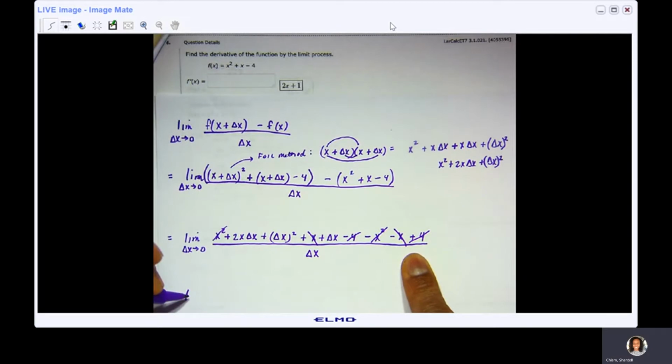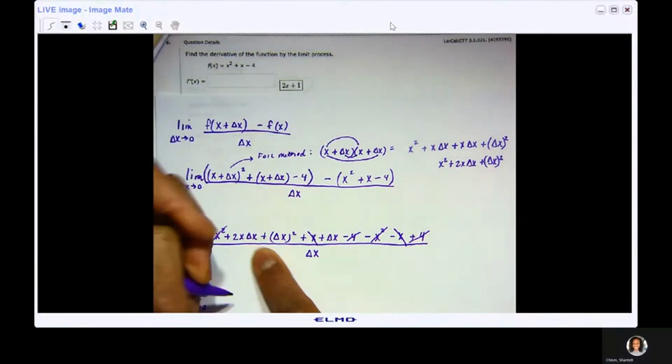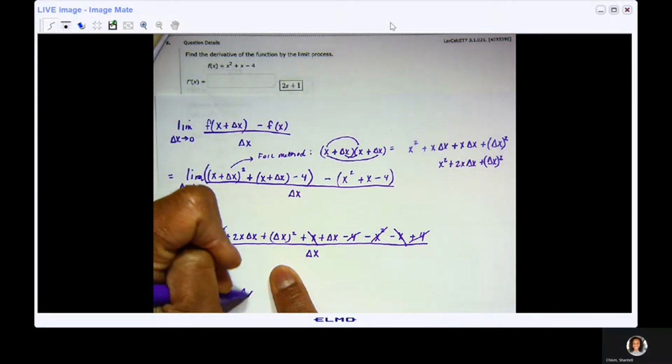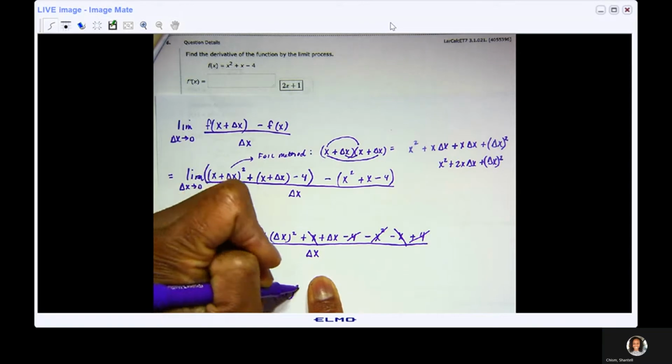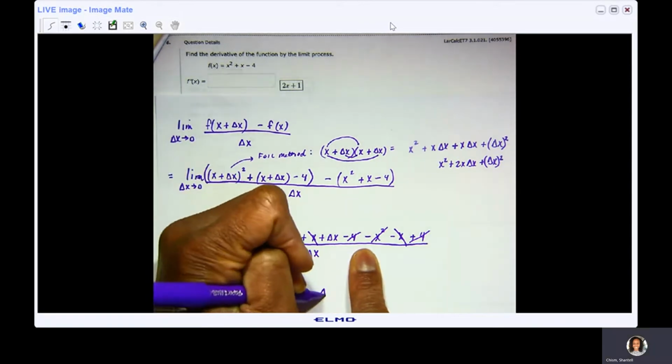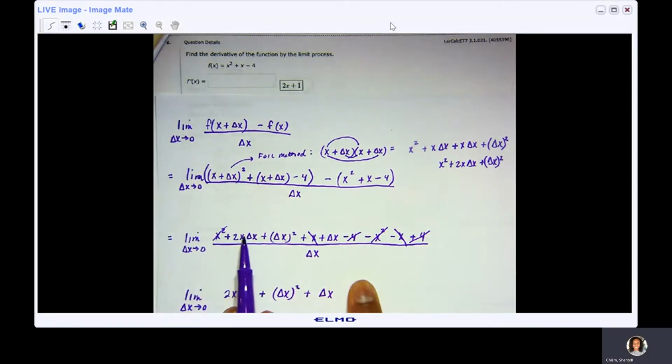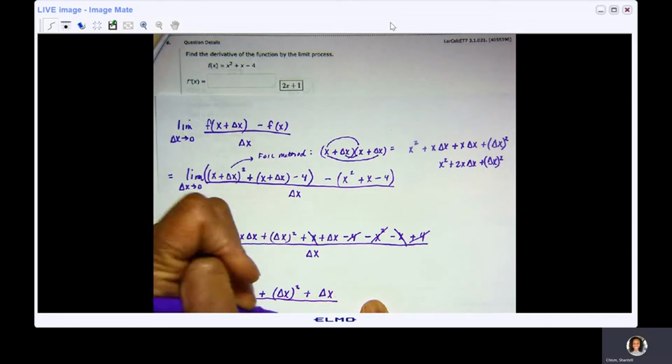So it looks like it's got the delta x, 2x plus delta x plus delta x. So everything that was x delta x and then delta x is all over delta.